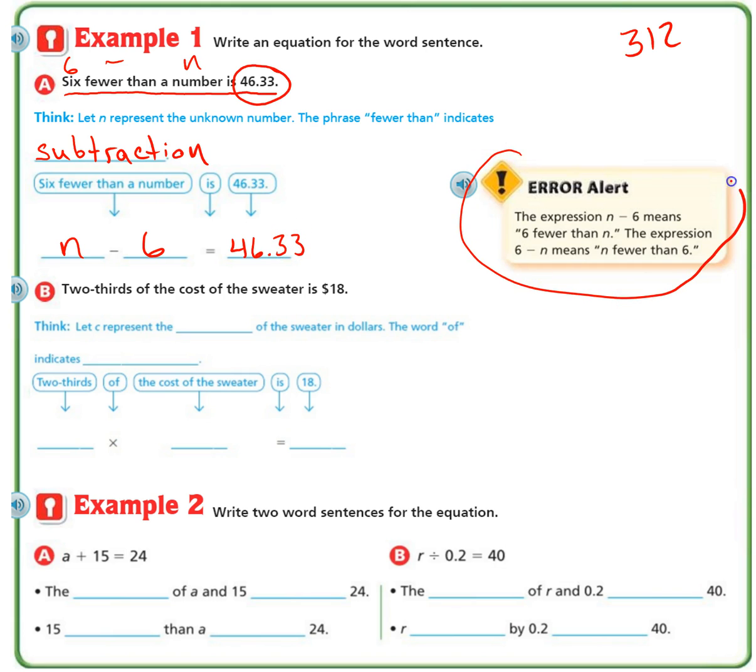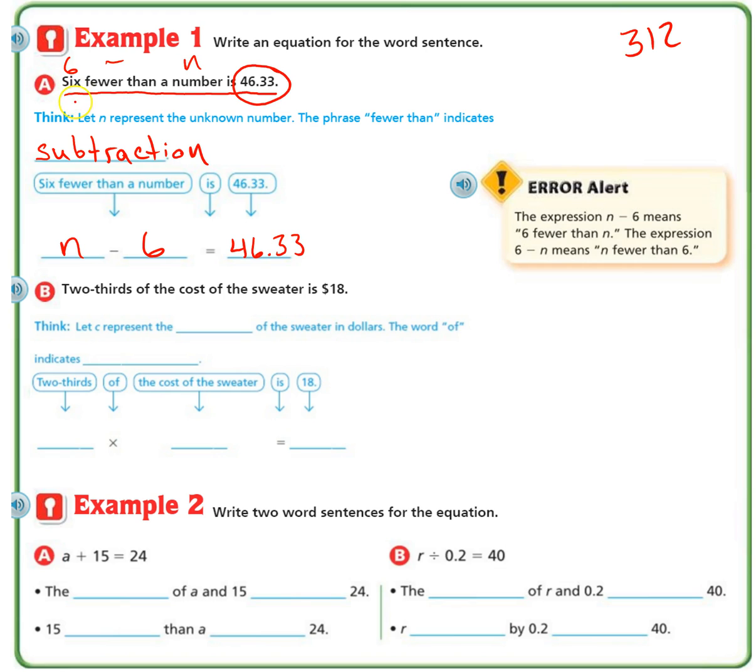Now, notice this error alert. Many times students want to, and I was guilty of this as well when I was in 6th grade, you want to go right in order. And sometimes that works. Sometimes that happens to work, okay? But just because it happens to work once doesn't mean it will always work.